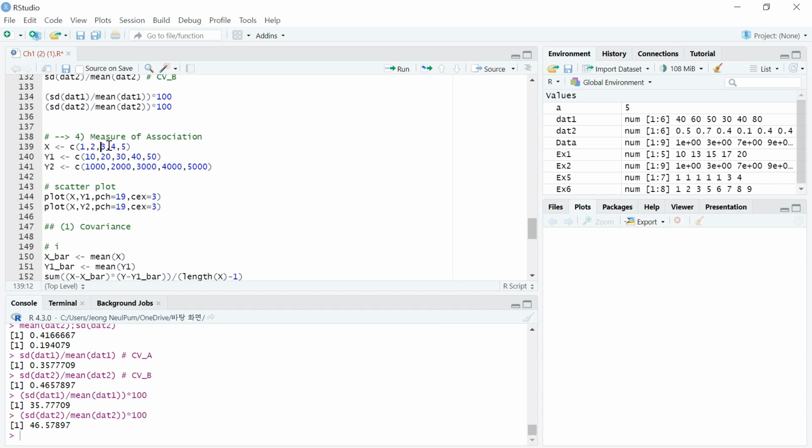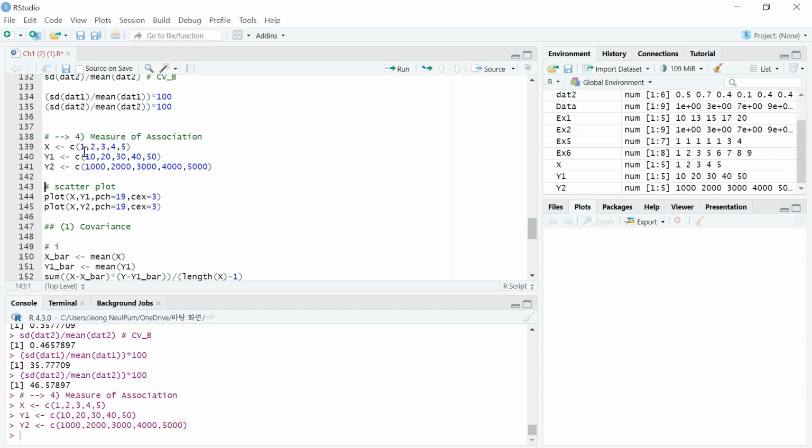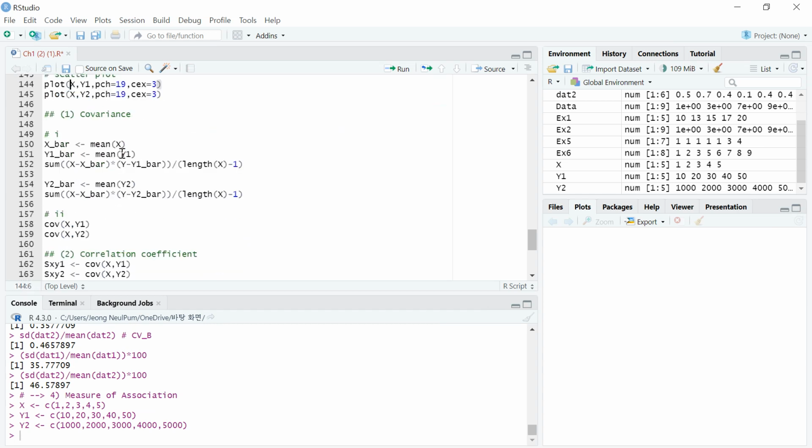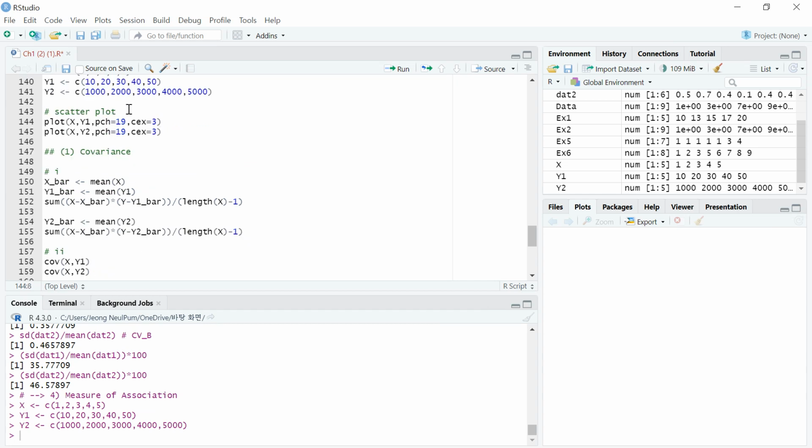Let's say that we have two data here, so we want to get the measure of association between each pair. The first is between x and y1, and the second is between x and y2. So I store the three data here, in x, y1 and y2, and let's visualize it as we already did in the last class.